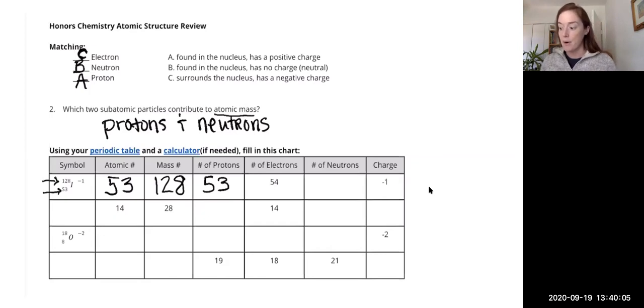We know protons, 53, plus neutrons, that's what we're trying to figure out, equals 128. So 53 plus X equals 128. What is our number of neutrons? Just do 128 minus 53, and you should get 75.